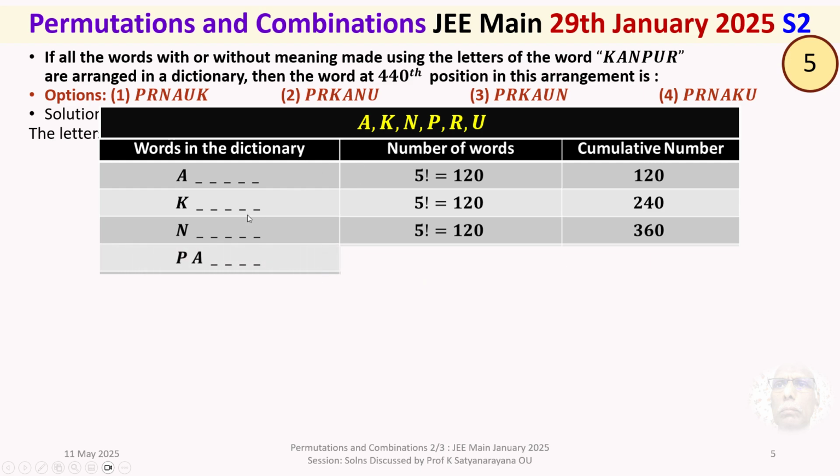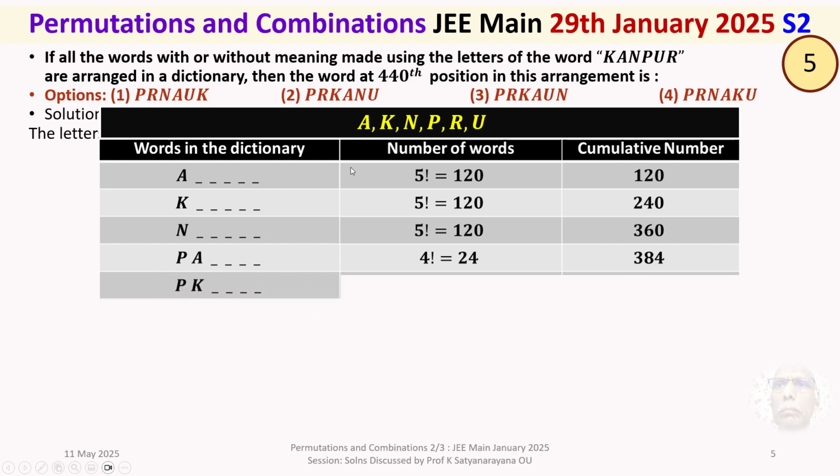So after N, P will come. With P, A is first, so PA, natural order, and we are left with 4 letters and 4 places, and that can be filled in 4 factorial ways, that is 24, so the cumulative is 384.